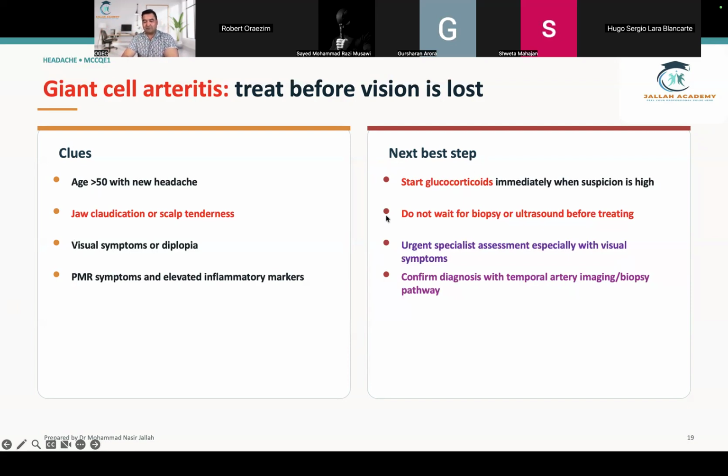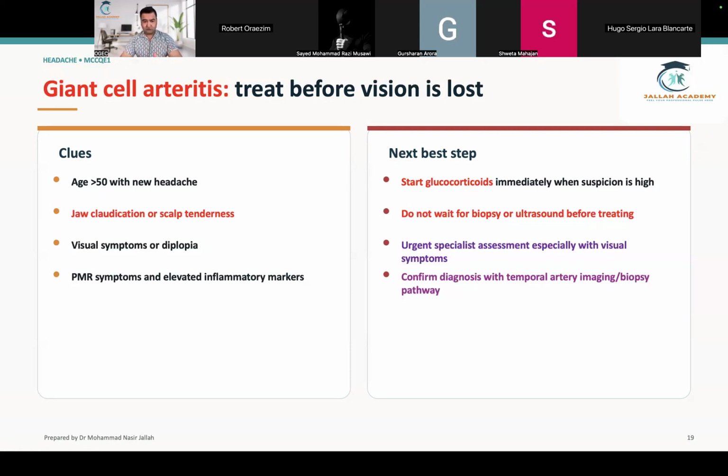And next best step. So if you have giant cell arthritis, you have an elderly woman, she is here and she has headache on the temporal area, and you can check and it has a tenderness, right? You can see the artery even tender. And the patient has also jaw claudication, visual problem. What would be your best next step?